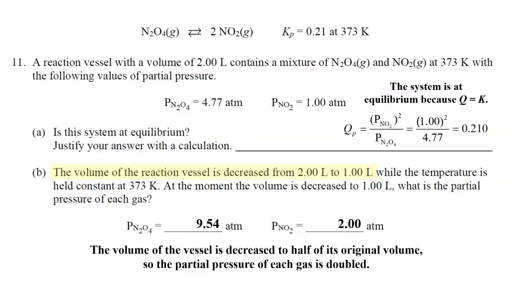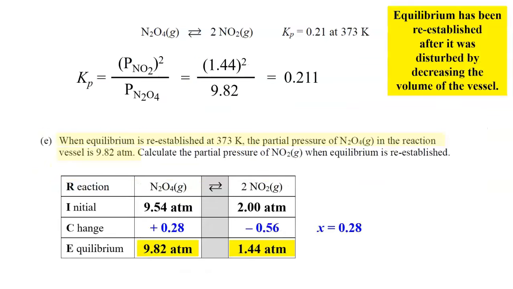So what happened is at that moment, the partial pressure of each gas was doubled, and that caused the total pressure of the reaction mixture to be doubled. And then what happened next is that the equilibrium was reestablished by shifting toward the side of the equation with fewer moles of gas. And so that happened to be from right to left.